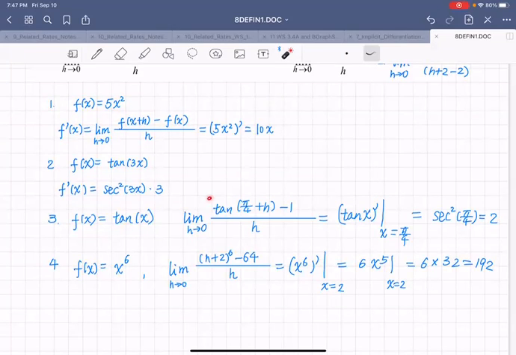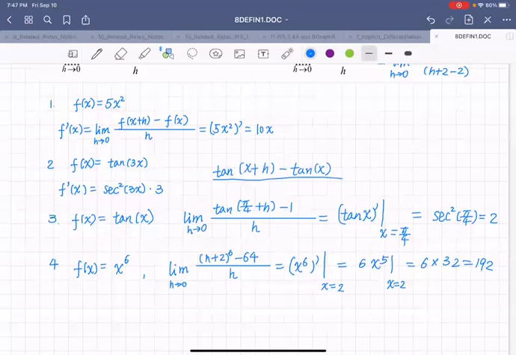The definition of this is: you have a function, tangent x, and you take its derivative at x equals pi over 4. If you rewrite it, it is the limit as h approaches 0 of tangent of x plus h minus tangent x, over h.